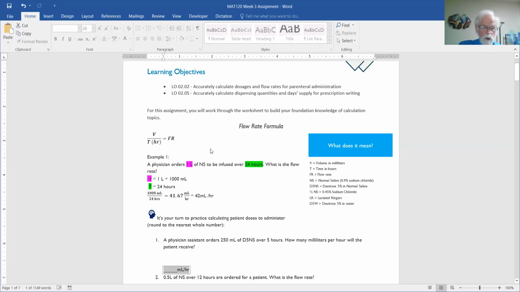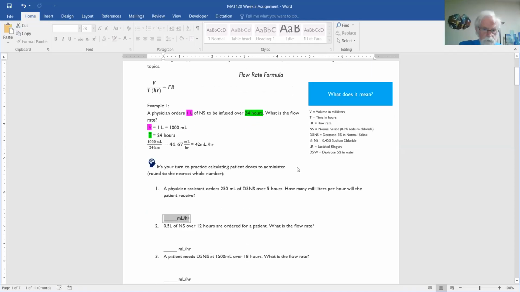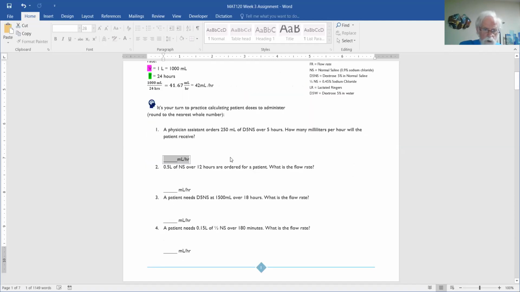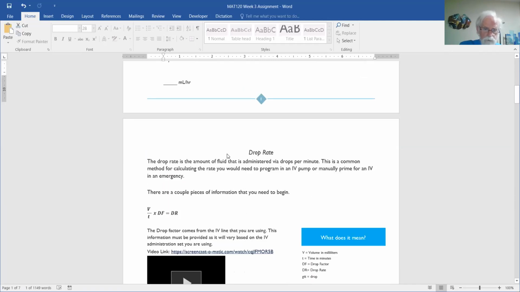It's easy enough to see how to do these calculations. When I get done going through this, I'm going to pull up something I prepared that I will post after the end of the class into the shell, so you'll have some practice problems here.